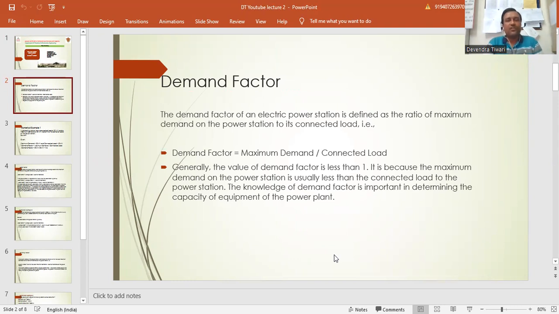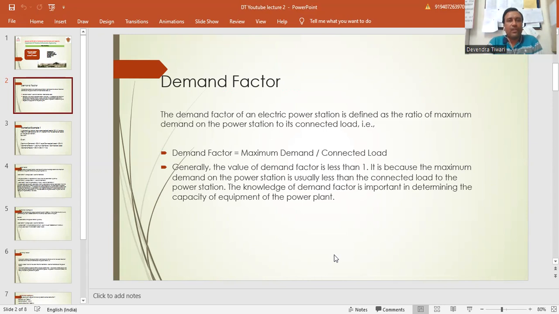Generally the value of demand factor is less than 1 because the maximum demand on the power station is usually less than the connected load. We know this fact very well: if we live in a house, we will see different types of load connected there, but we will not switch on all the loads simultaneously at a time.